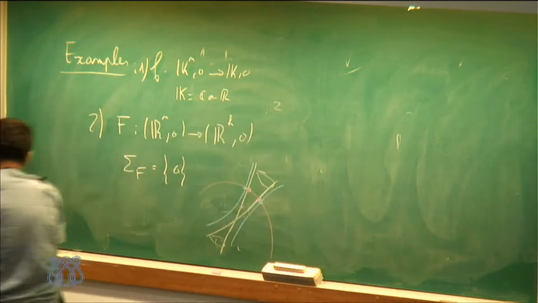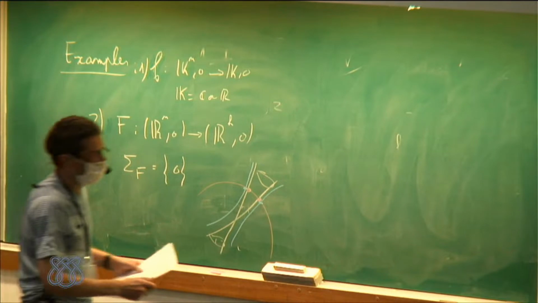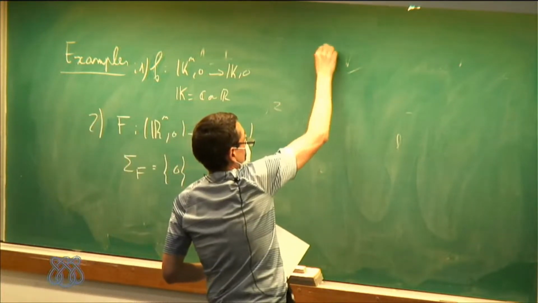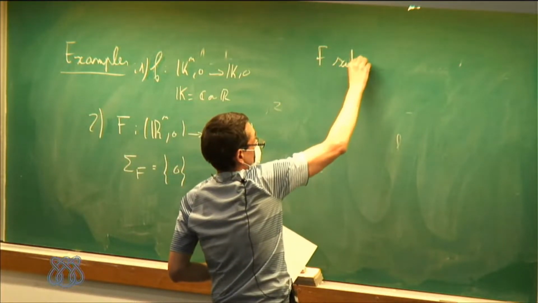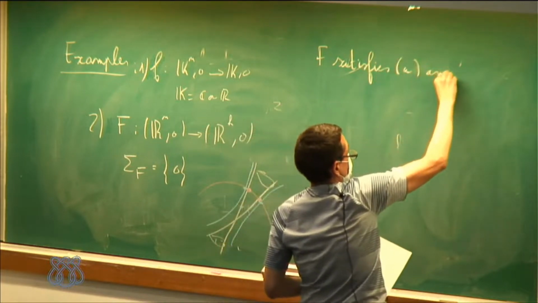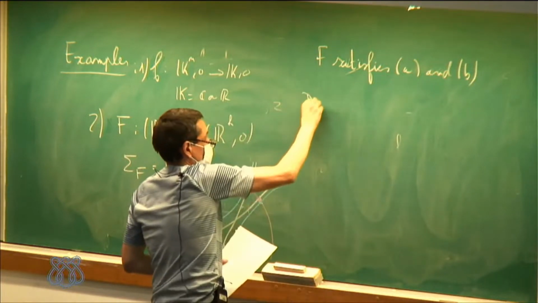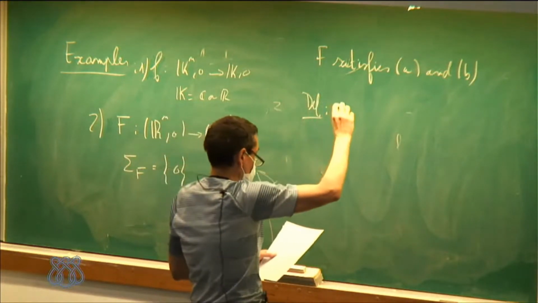So from now on, I assume that A and B are satisfied. So F satisfies A and B. So I have to define the Milnor radius.